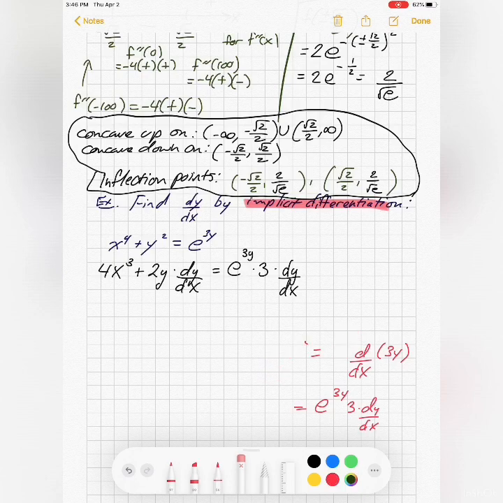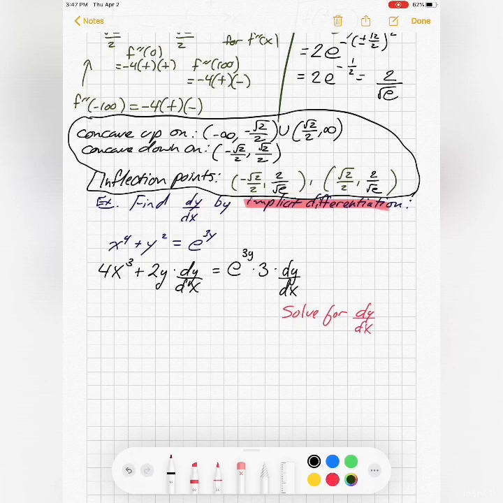And so then let me see about simplifying. Then remember, what did I do after that? I have to solve for dy dx. Okay, so maybe let me get everything with the dy dx onto one side.